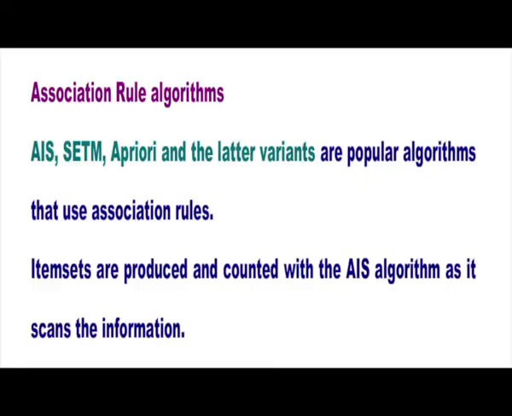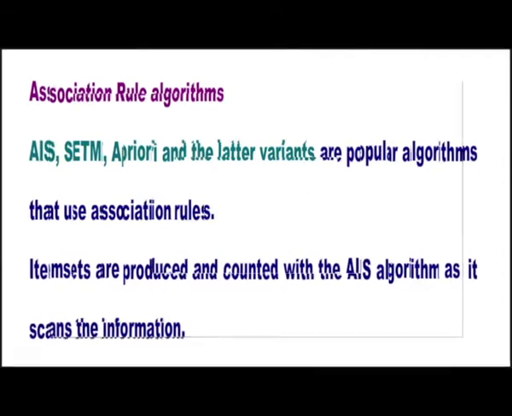The most important algorithms are AIS, SETM, Apriori, and the later variants, which are popular algorithms that use association rules. Item sets are produced and counted with the AIS algorithm as it scans the information.